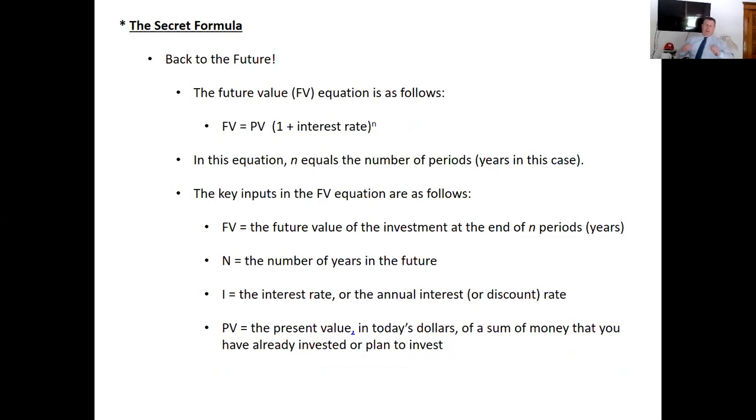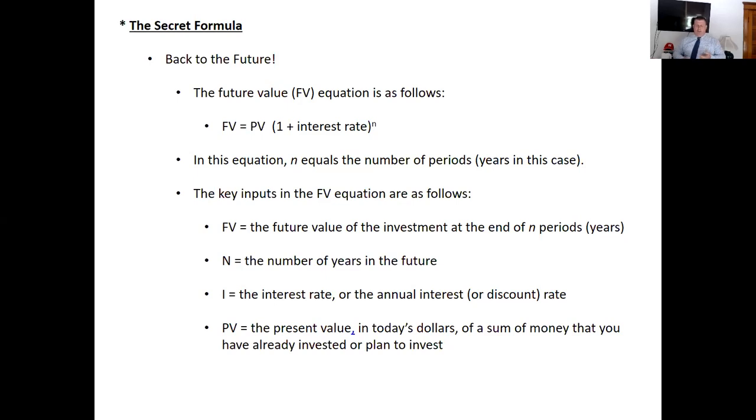So how do we calculate this future value? Well, the future value equation is as follows. Future value equals present value multiplied by 1 plus the interest rate to the nth power. So in this equation, n equals the number of periods of compounding, years in this case, if it's an APR, annual percentage rate. The key inputs in the future value equation are as follows.